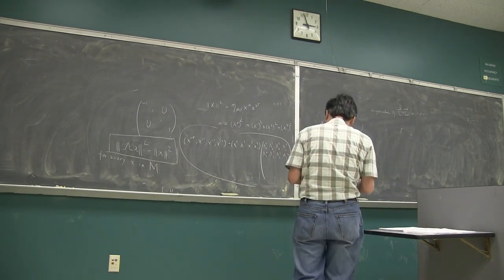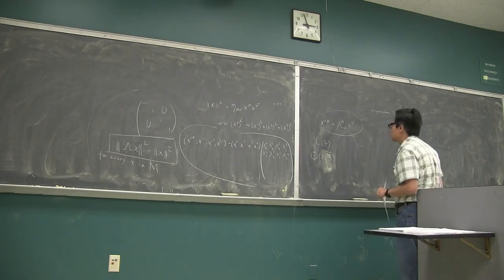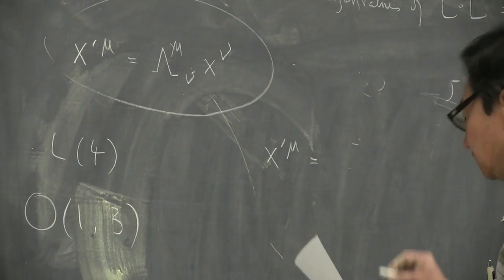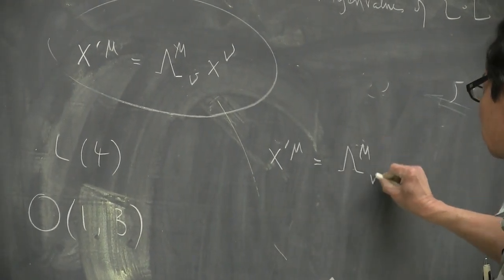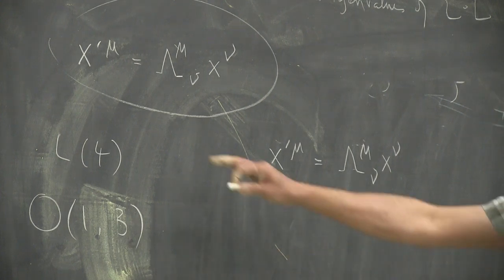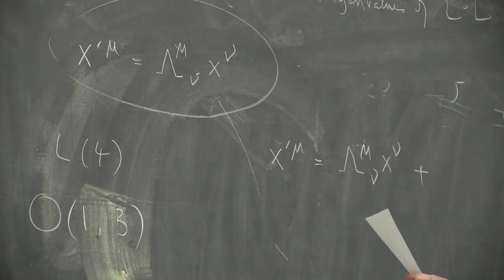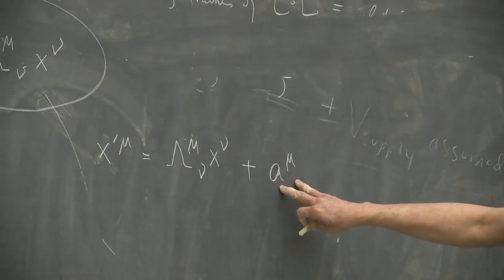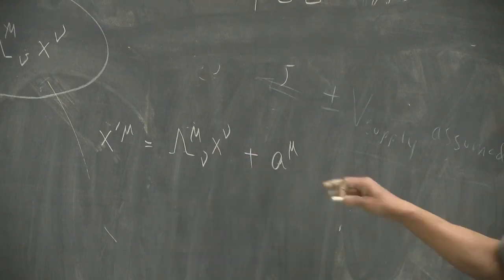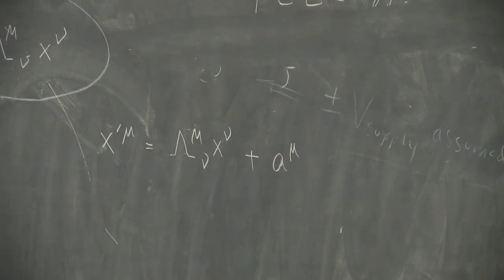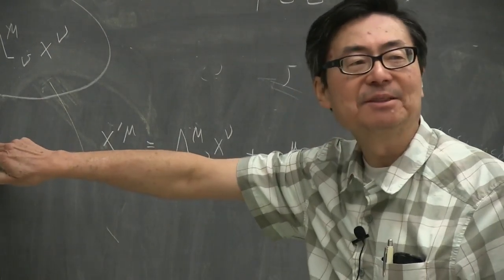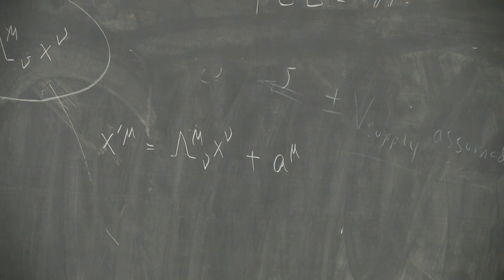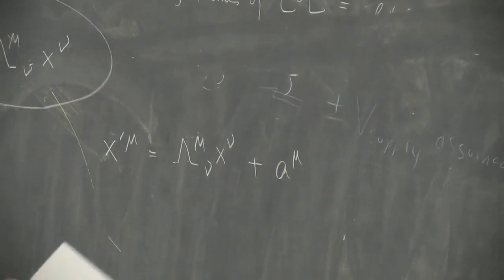And this group involves transformations like this: x prime mu, aside from being equal to this, which is just a rotation, has to involve a translation also, which means we put in a constant translational vector whose components are a mu. Now these things also form a group, as you can show. It's a bigger group than the Lorentz group.